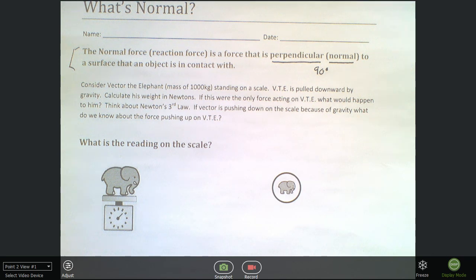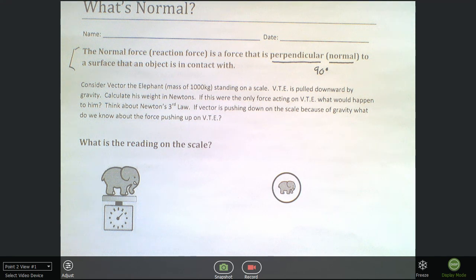And that sounds like Newton's third law. And in fact, the normal force comes about because of Newton's third law. The key is that the force that you're pushing and the perpendicular normal force, or reaction force, are balanced out. They're the same amount of force, but pointing in opposite directions.